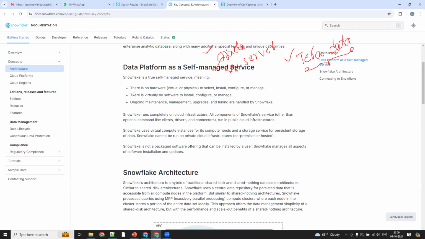And administration is also very easy in Snowflake. Along with normal SQL, administration is also very easy compared to the traditional databases. And you don't need to follow any ongoing maintenance here.